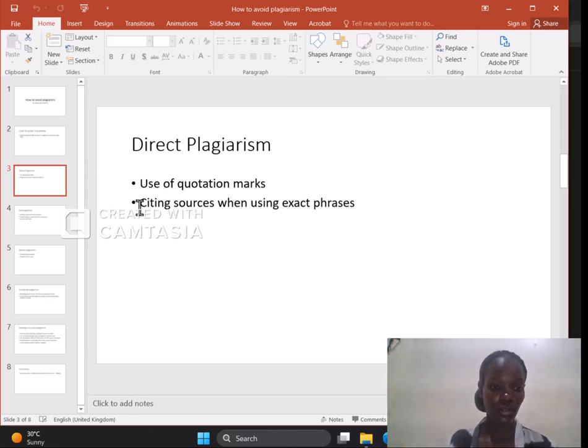The other solution is citing sources. You cite the exact phrases you use, to show that some of the work in your assignment was not yours but came from a given source. Then you will have avoided direct plagiarism.